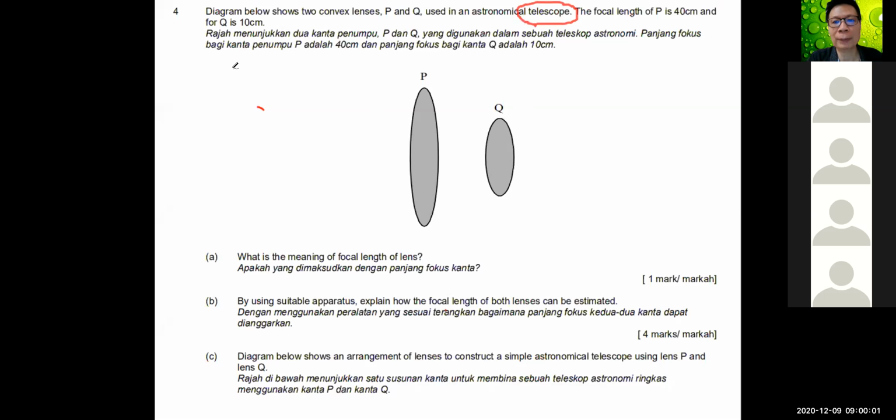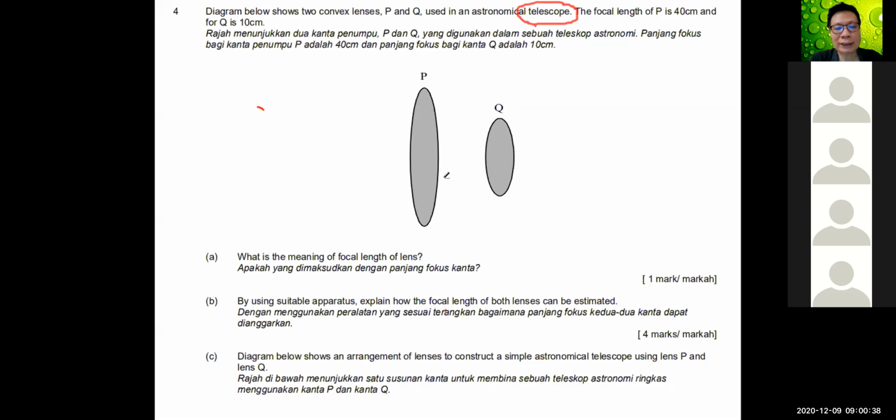The focal length of P is 40 cm, F equal to 40, whereas this focal length is 10 cm, which means it is short. The 40 cm one means the power is lower. Longer focal length means lower power. And this one, with a shorter focal length of 10 cm only, means it's higher power.